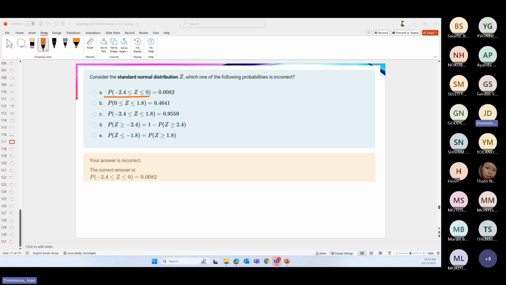So between 0 and minus 2.4. Basically we want that area.